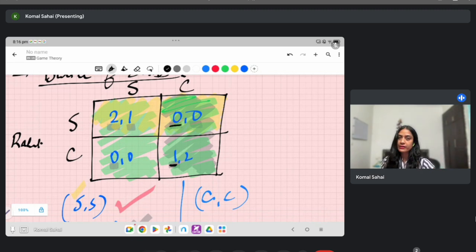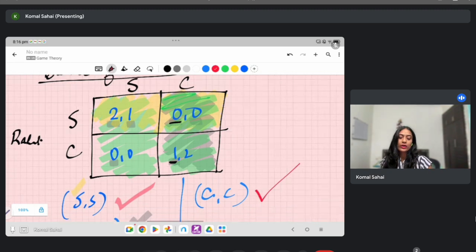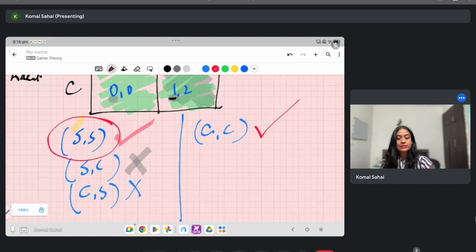So no deviation from Rahul. Similarly, Anjali wanted to go clubbing anyway, so if Rahul is going clubbing, Anjali will also go clubbing. She is getting maximum benefit out of it. So this qualifies. So what we have is two Nash equilibria over here.